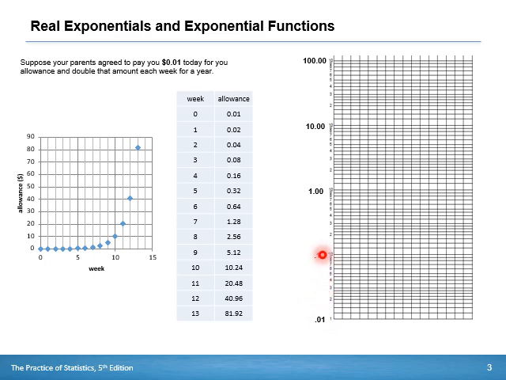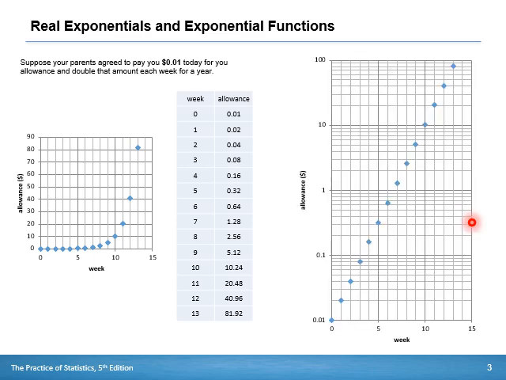But then the next grouping goes from 10 cents to 20, 30, 40, 50, 60, then $1, and then $2, $3, $4. So the lines get closer together, but every grouping of lines is another factor of 10.